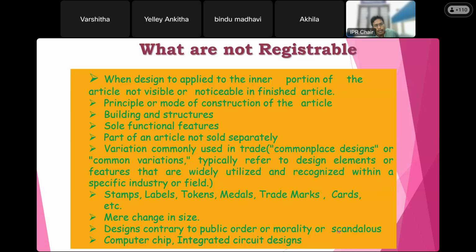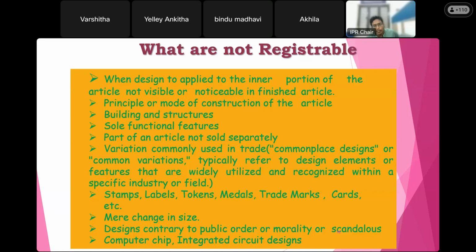And part of an article not sold separately. For example, a pen and pen cap, which is not sold separately; if some design is on the pen cap, you cannot solely ask for registration for that. Variation commonly used in trade. What does it mean? Commonplace designs or common variations typically refer to design elements or features that are widely utilized and recognized within a specific industrial field.